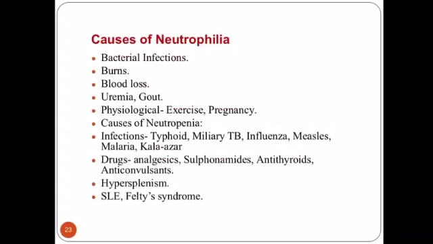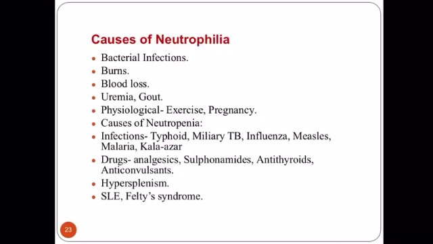So this is all about the differential count. The different cells have different proportions, like neutrophil around 50 to 60%, lymphocyte around 25 to 30%, eosinophil 2 to 6%, monocyte 2 to 6%.